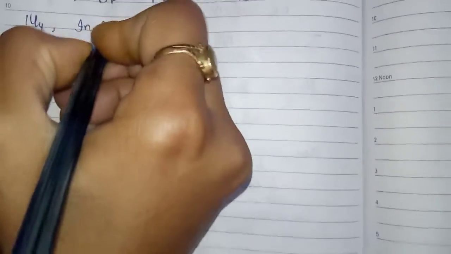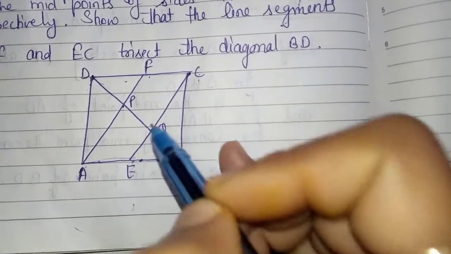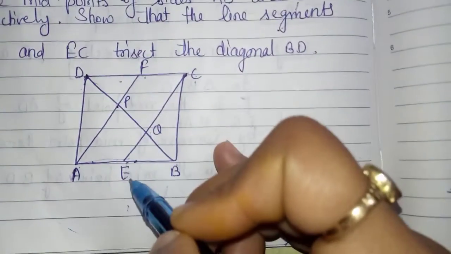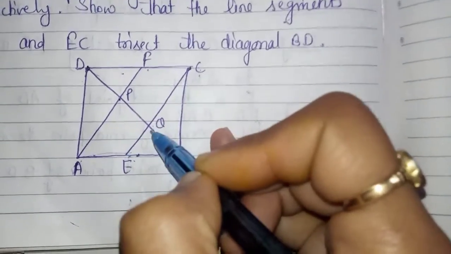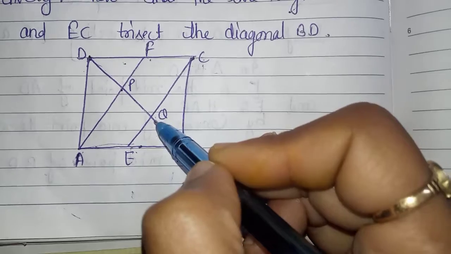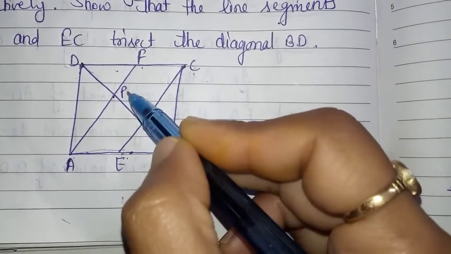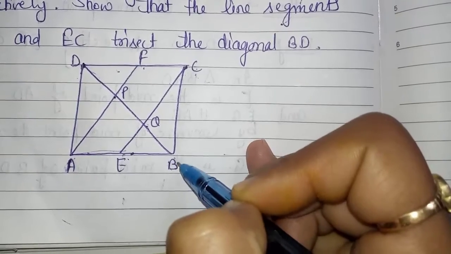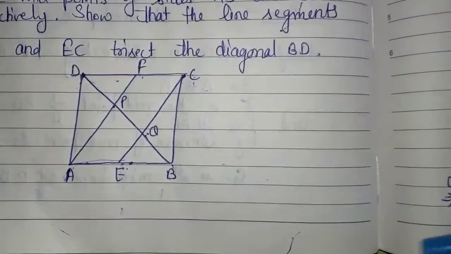Similarly, now we will take another triangle, this APB. In this triangle, E is the midpoint of AB, and EQ is parallel to AP. So we can say by the converse of midpoint theorem, Q is the midpoint of BP, implies BQ is equal to QP.